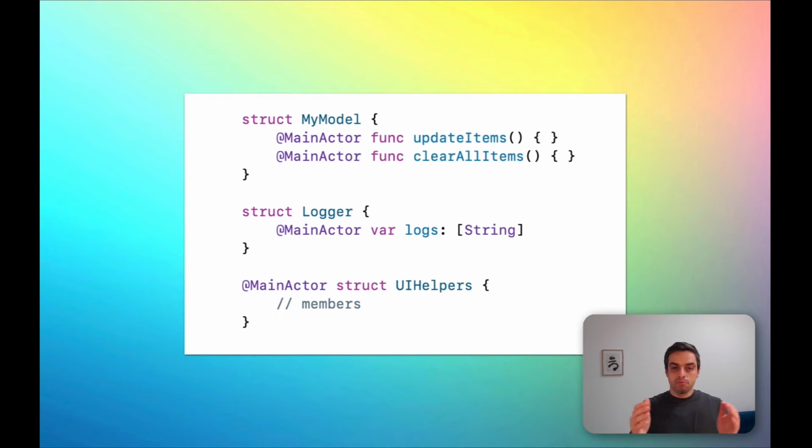But we group those methods from those structures together, and we also add to that group all properties and all methods on UI helpers. There's another structure, but instead of pulling methods separately out of it, we are just adding the whole thing on the main actor. And so this group of properties and methods, subscripts and so forth, will all run on the isolation context of the global actor, main actor.